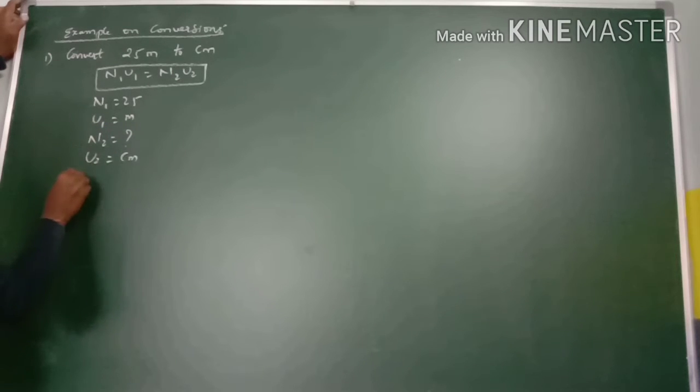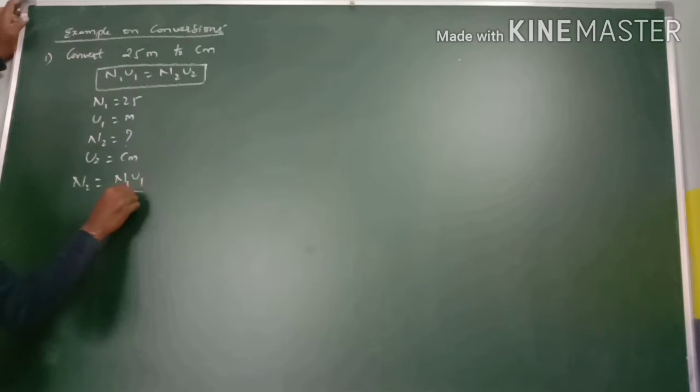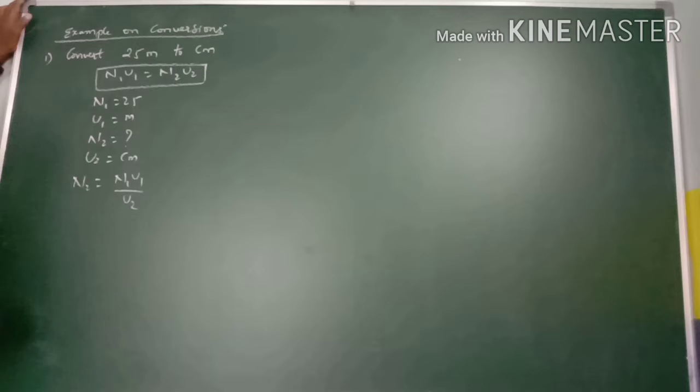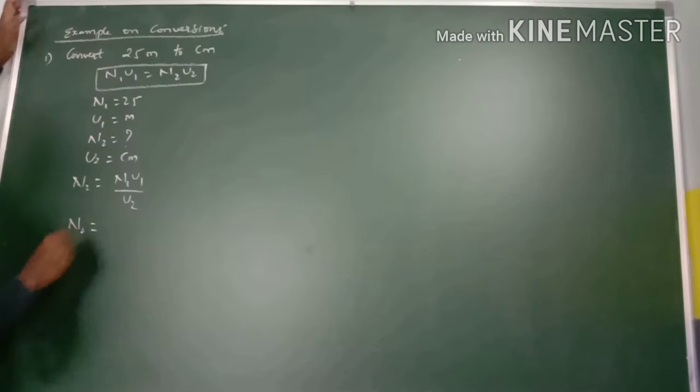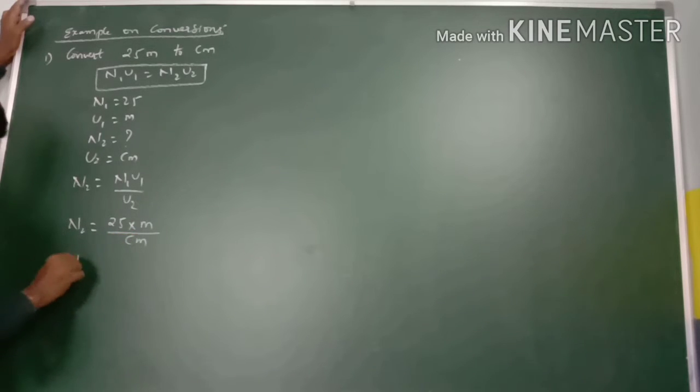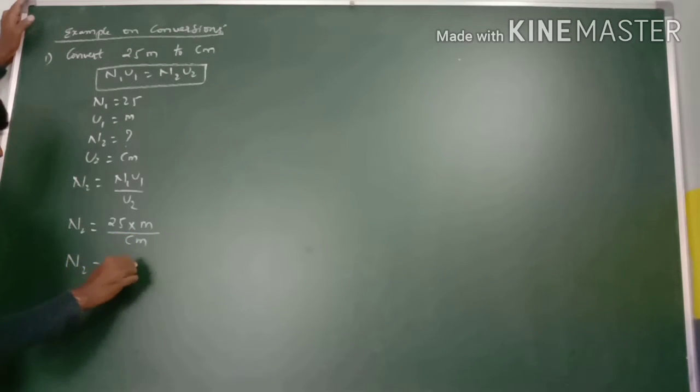By the above formula, n2 is equal to n1 u1 by u2. That is n2 equal to 25 meter by centimeter, so n2 is equal to 25 into meter by centi.